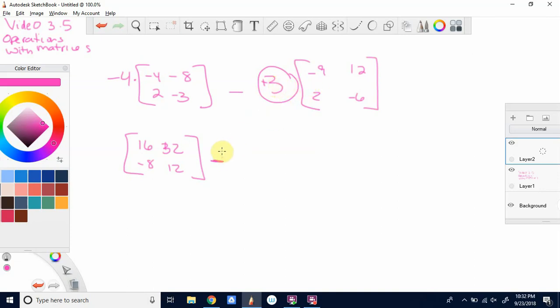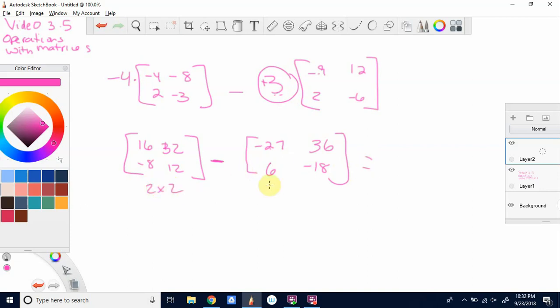If I did negative 3, then I would have to change this to plus. So 3 times negative 9 is negative 27, 36, 6, and negative 18. So what I'm doing is taking 3 times this, and it stays in the same address. 3 times this goes here, 3 times this goes here, 3 times this goes here. So now I can subtract it.